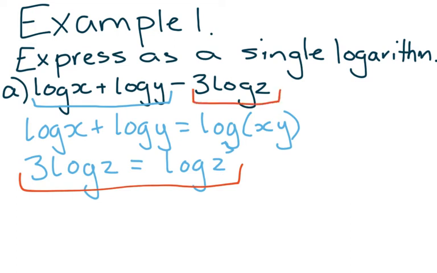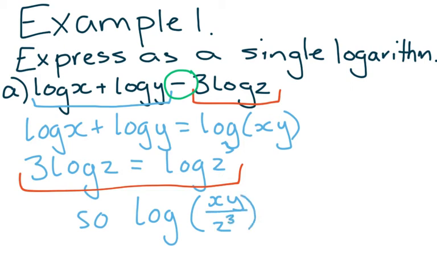Then we also need to look at this take sign in the question, and that means we're now dividing xy by z cubed, because the log laws state that if there is a takeaway, it means that the single logarithm was a division of the 2. So we end up with log of xy over z cubed as our final singular logarithm.